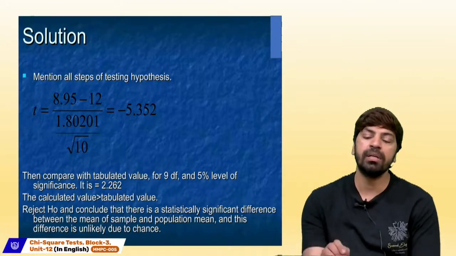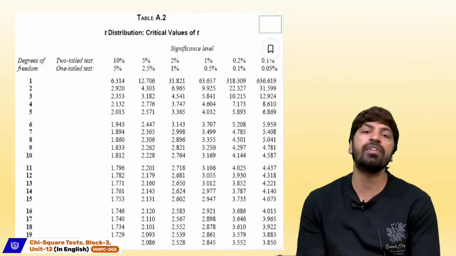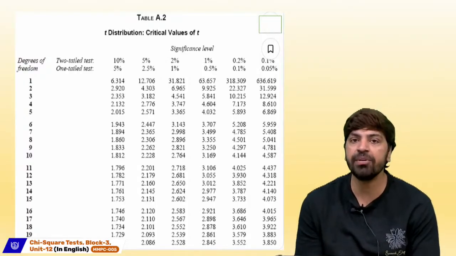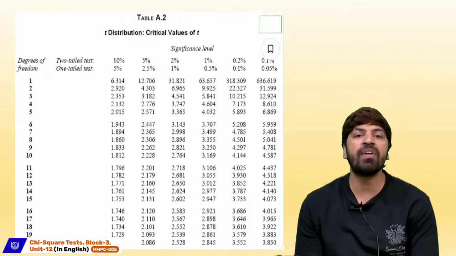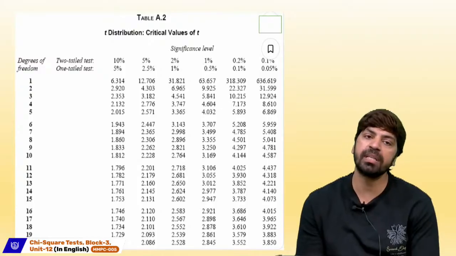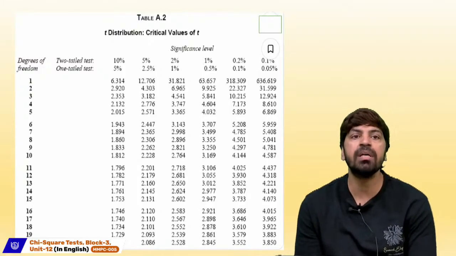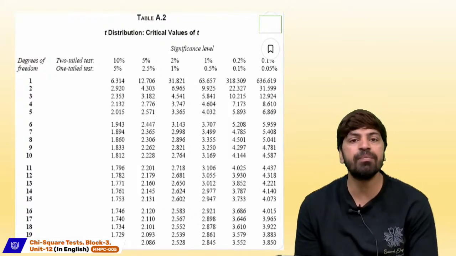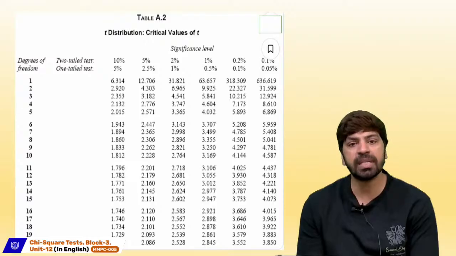This is a table in the next slide. This is a table of t-distribution critical values of t, and hence we can look up the 5% significance value, and the degrees of freedom given, that is 9. For the 5% two-tail test, we look up 9 degrees of freedom, and it is 2.262.